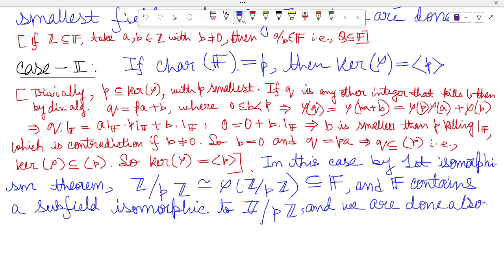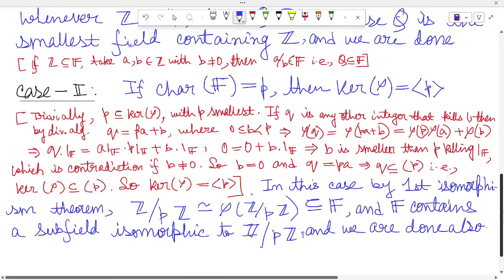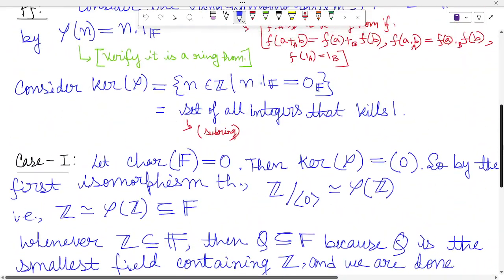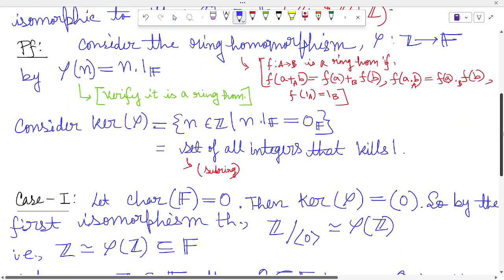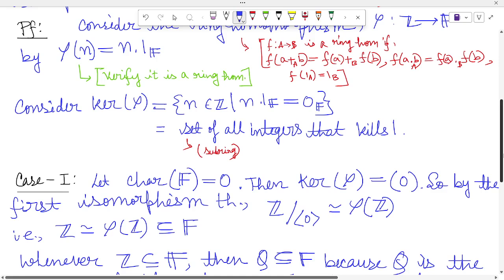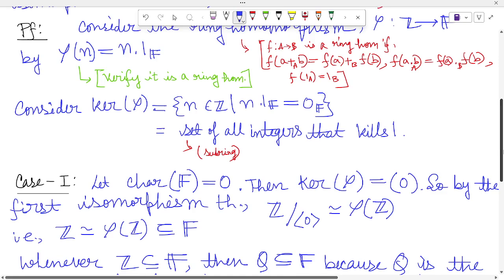So this is the proof. Very elementary. I have worked out each and every detail of the proof. So see this, and if there is any mistake, please let me know. I might be doing something wrong, or there might be some typos. Don't be confused, and inform me if there is something.